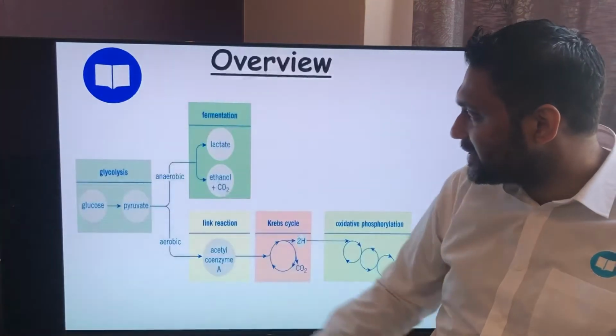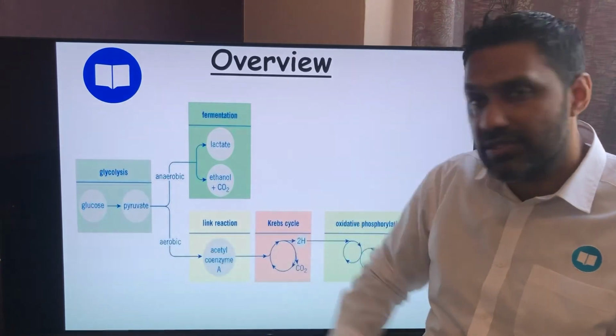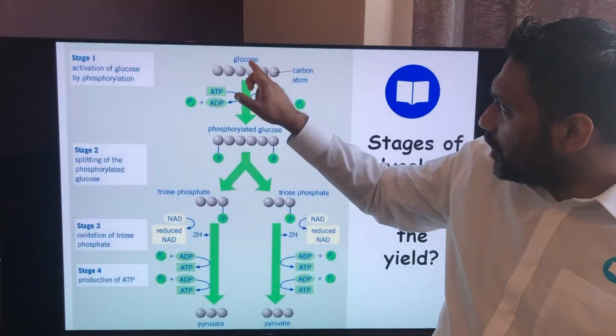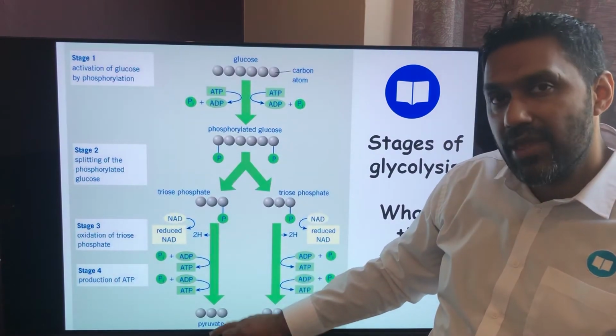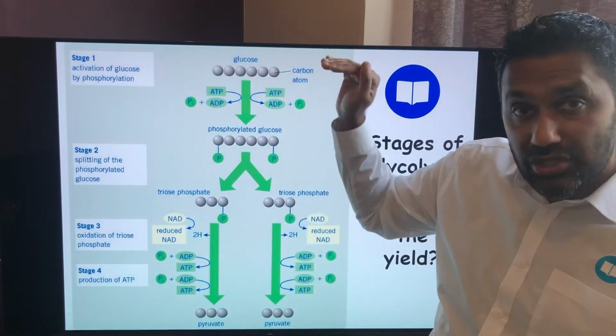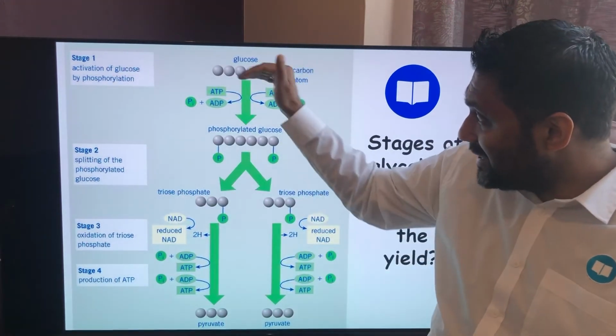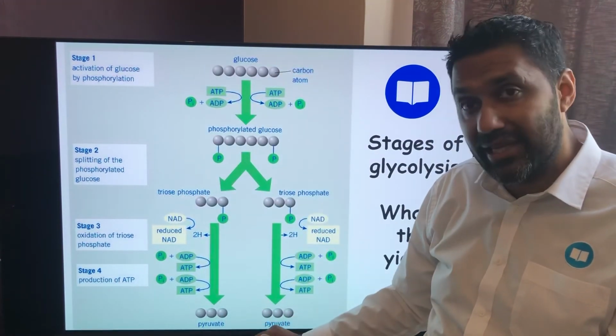So when we looked at this, glucose becomes pyruvate. It's not as simple as that. In this lesson, you need to learn this flow diagram. You need to memorize the stages and the sequence of events that's happening here.